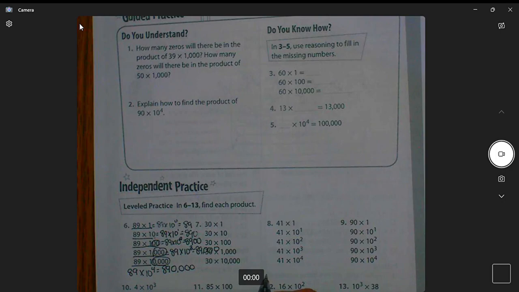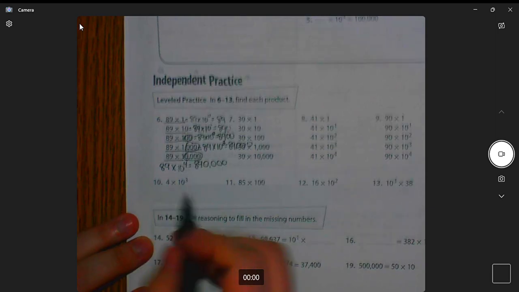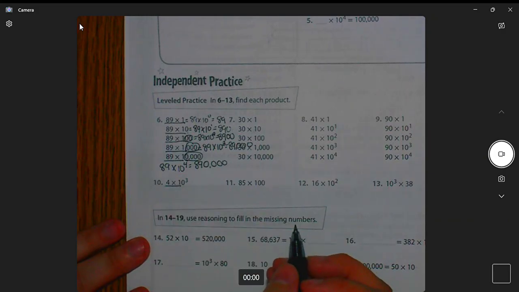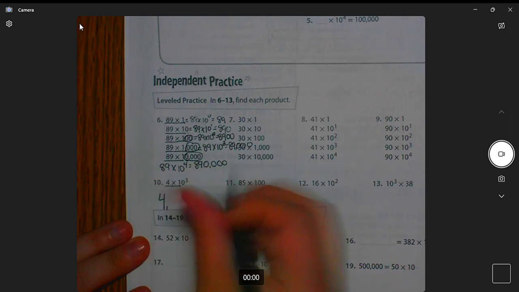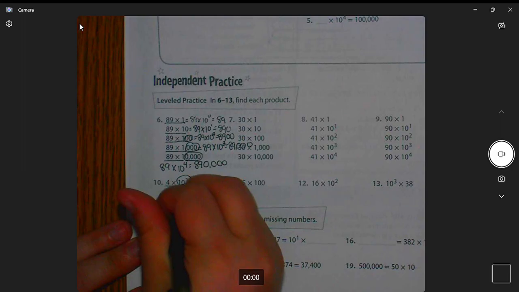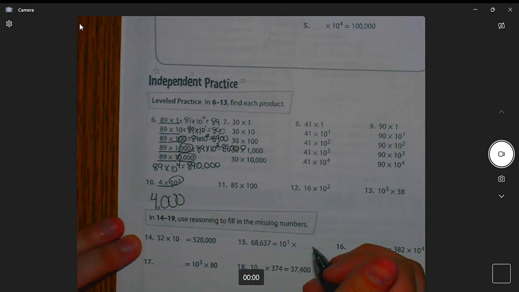Let's look at actually multiplying these out. 4 times 10 to the third. Well, there's my basic fact. That's 4. And this tells me, right, 3 zeros. 4,000. Okay.